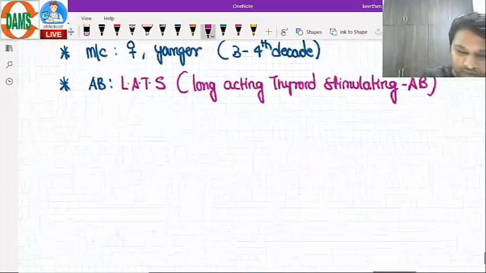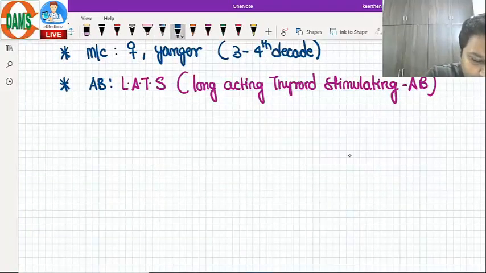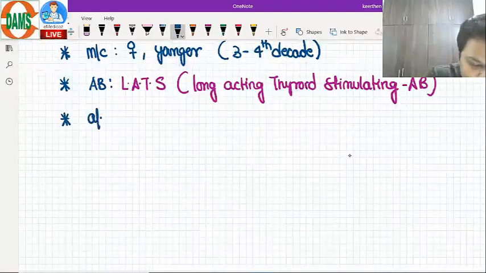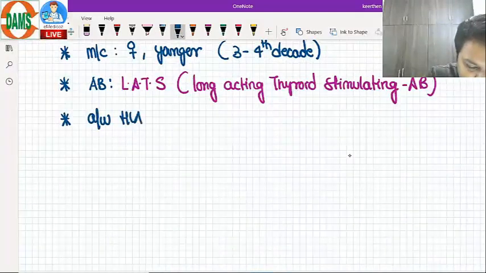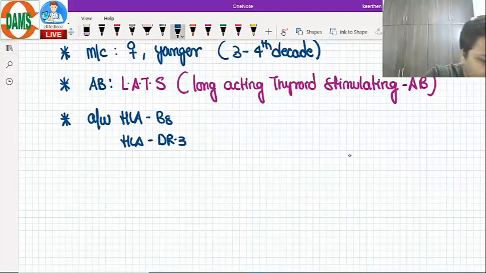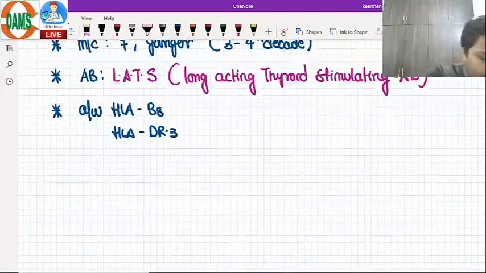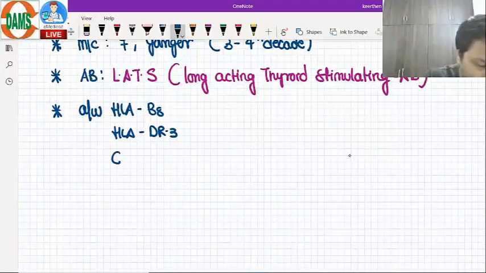Right. Now, how does this antibody occur? Before that, another very important thing, that Graves' disease is associated with HLA involvement. Mostly it is involved with two HLAs, that is HLA-B8 and HLA-DR3. A very important one which we usually ignore with respect to HLAs is CTLA-4.